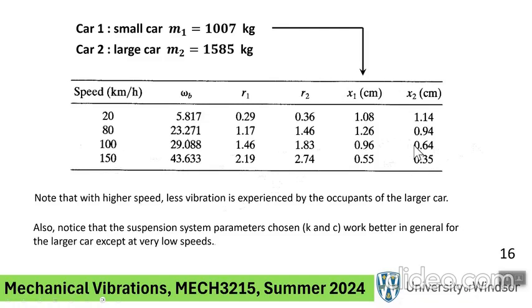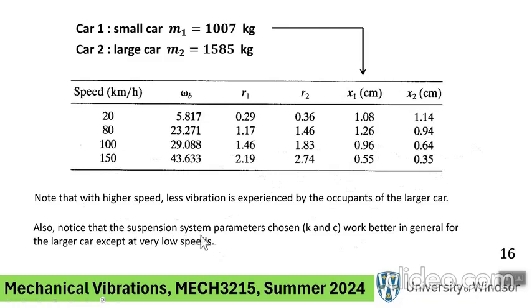These are the big car. This is the small car. So with higher speed, less vibration is experienced by the occupants of the larger car, because you can see that this is smaller than that and this is smaller than this.